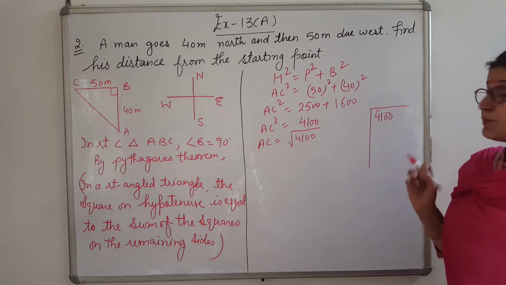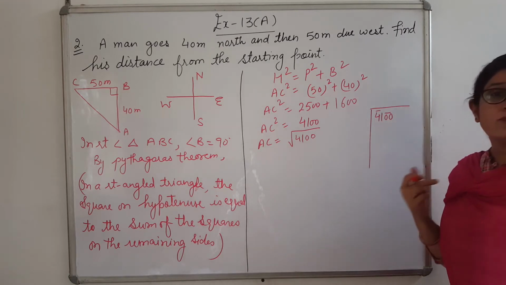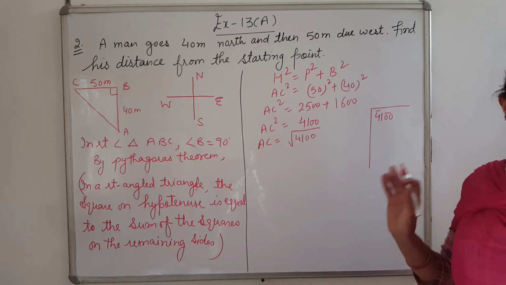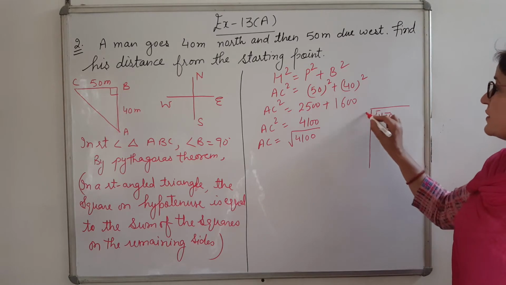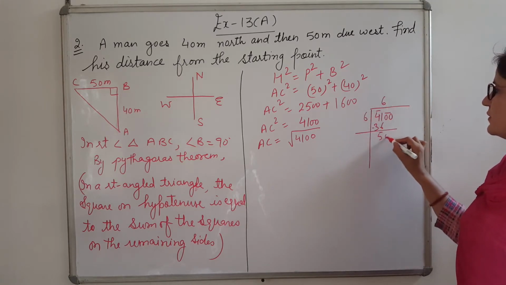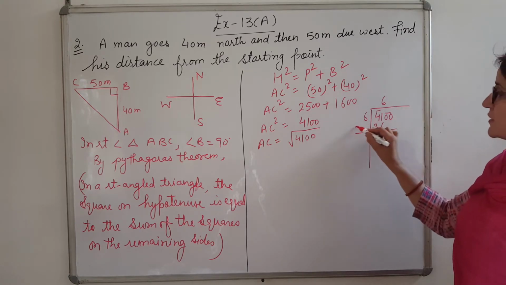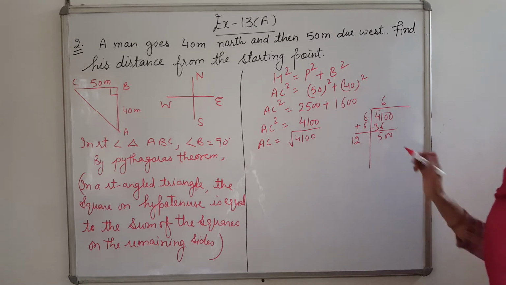So what will we do? 2 2s are 4, 41, big number. 3 3s are 9, 4 4s are 16, 5 5s are 25, 6 6s are 36, 7 7s are 49. So what number will we take? We will take 6 here. 6 6s are 36, 5. Now we have to multiply it by 2, or otherwise you add 6 here. You get 12. Now it will go 4.